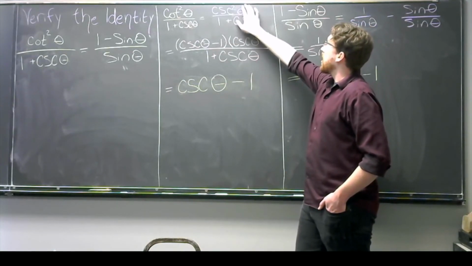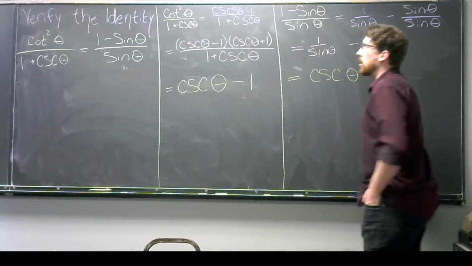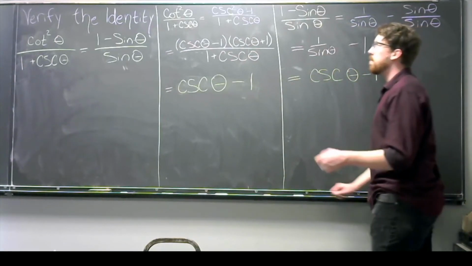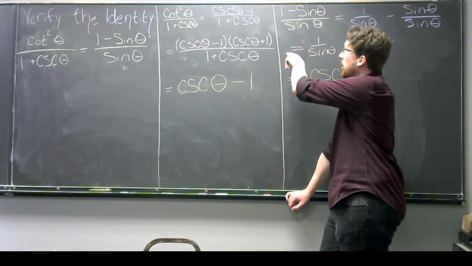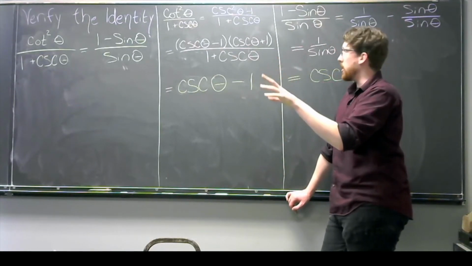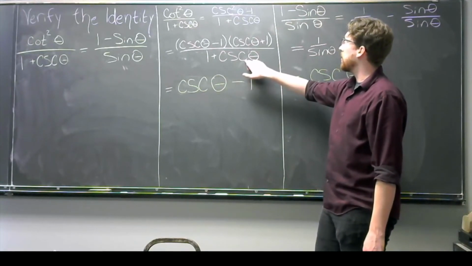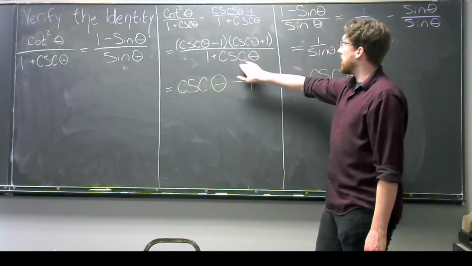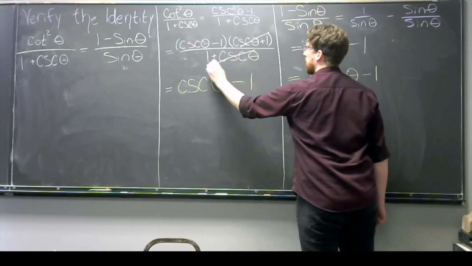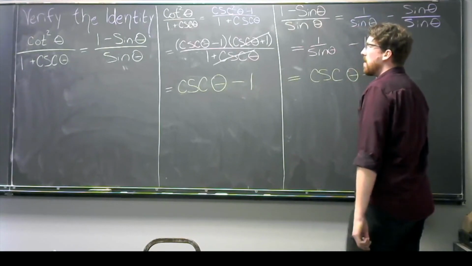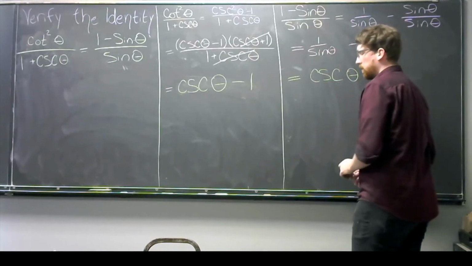We're able to factor out that numerator, break it apart. We're going to get cosecant theta minus 1, that quantity, times cosecant plus 1, that quantity, all divided by 1 plus cosecant theta. But these two terms are going to cancel. And all we're going to be left with is cosecant theta minus 1.